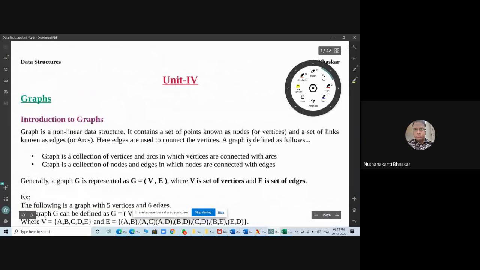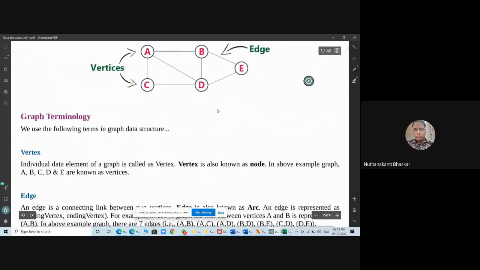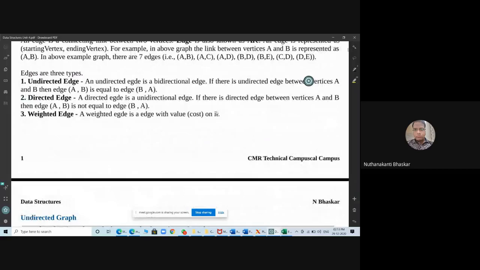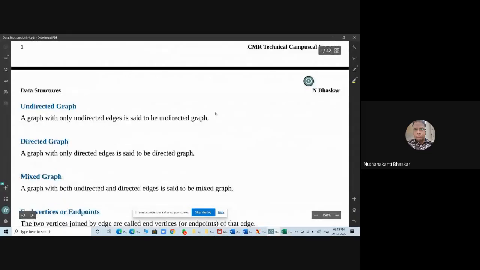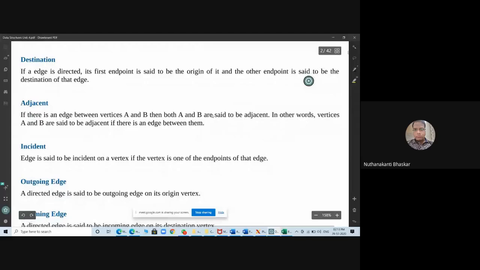Before discussing the graph representation, I already gave some of the important points, that is the terminology. What is a vertex? What is an edge? And types of edges: undirected edge, directed edge, weighted edge, undirected graph, directed graph, mixed graph, end vertices or end points, origin, destination, adjacent.